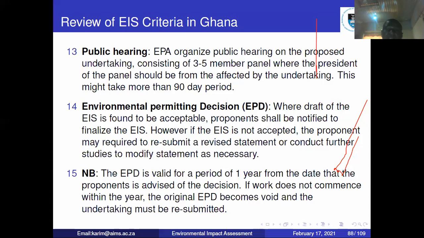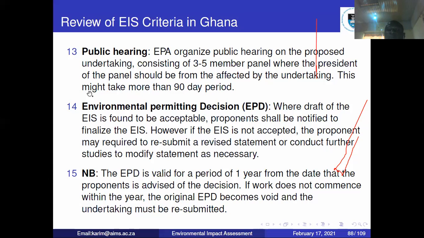So once, whether they accept it or not, they will have to hold a public hearing. They organize a public hearing on the proposed undertaking, and there will be a 3 to 5 member panel where the president of the panel should be from those affected by the undertaking.